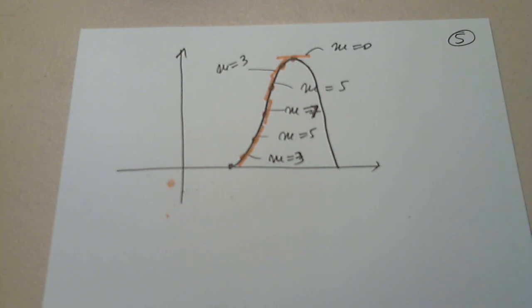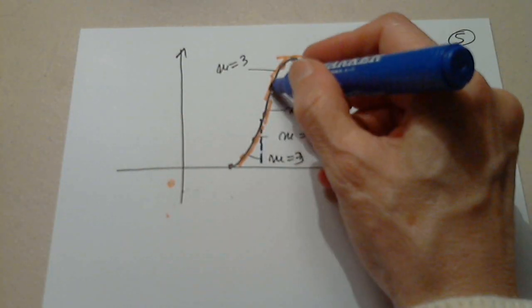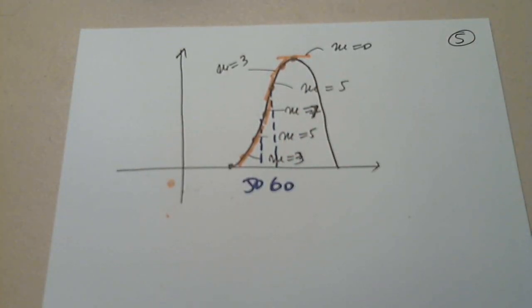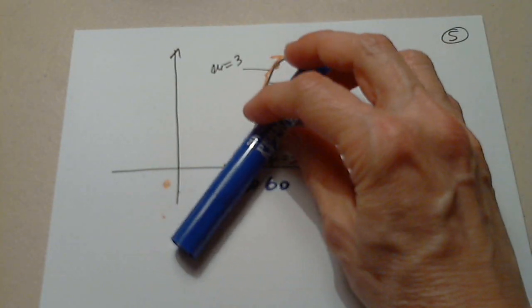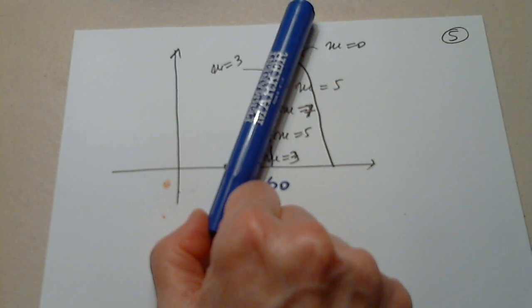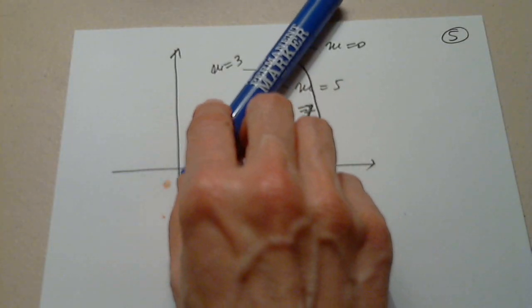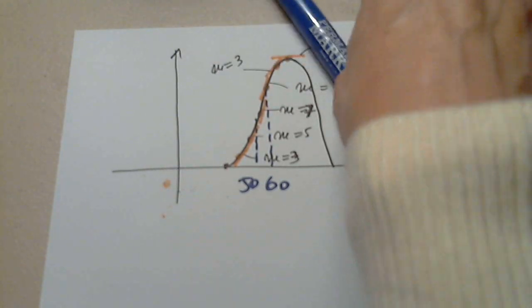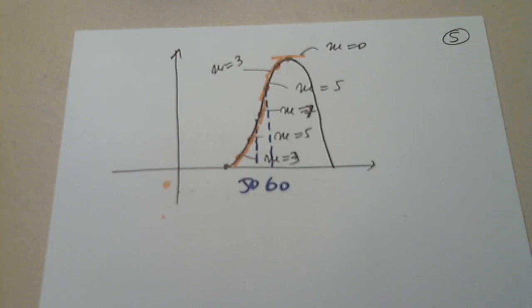Between 50 and 60, the curve grows the fastest. That's the fastest increase. Here, okay. Here, okay. Very fast. Slower, slower, slower. It doesn't increase anymore. Any questions on this?